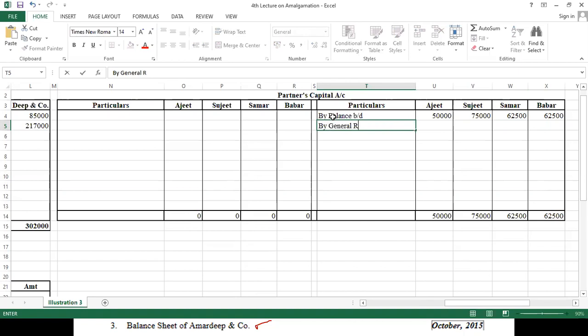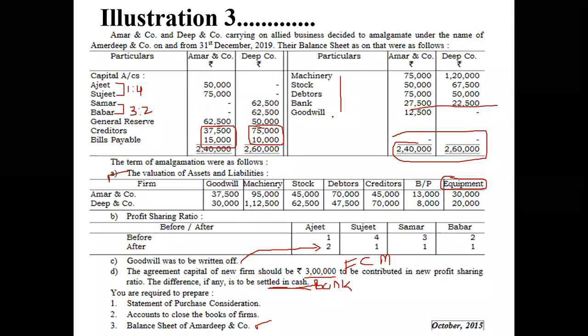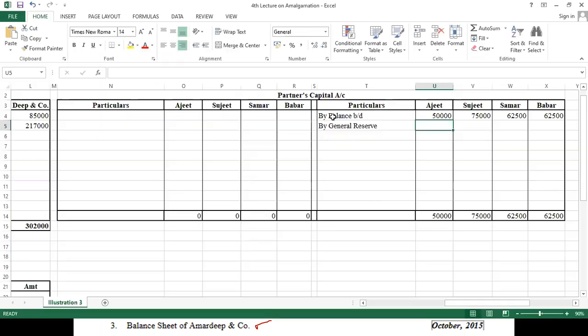Now we also have one more item, by general reserve. The general reserve of Amar and Company is 62,500, which is to be divided by 5. 62,500 divided by 5 comes to 12,500 for Ajit, multiply by 4, 50,000 for Sujit.